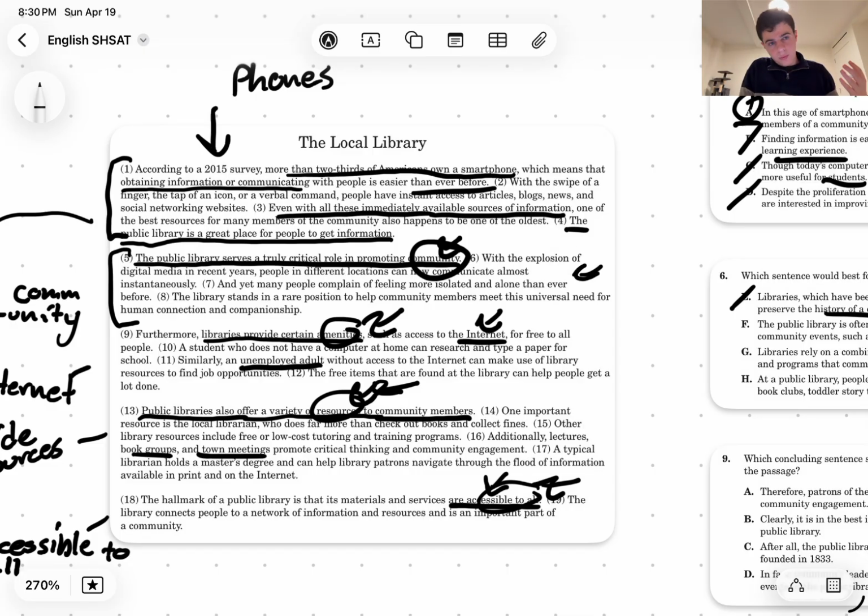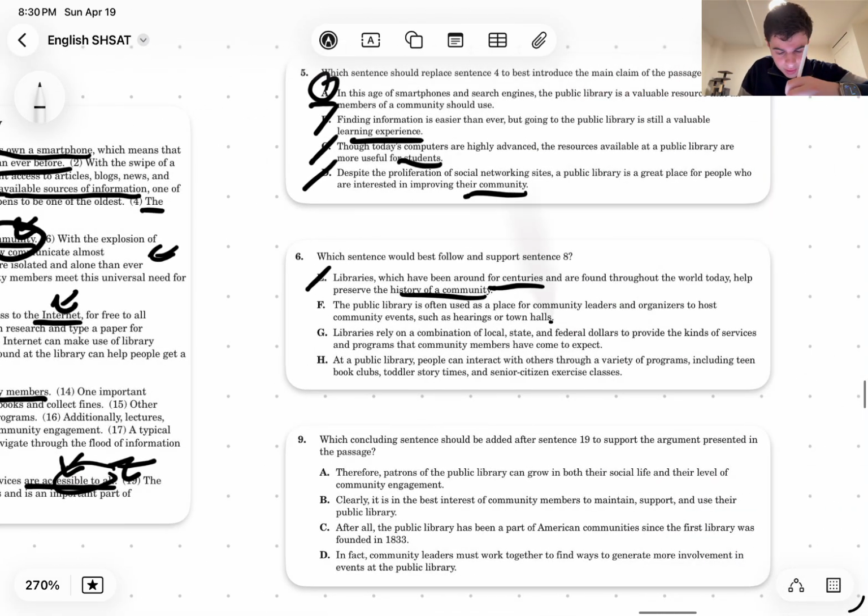It's just saying people feel more alone because of technology than before. And here it says, the library stands in a rare position to help community members, right? So it's very broad. It's not talking about specifically hearings or town halls or community events, right? That's very specific, but it's not only for that. It's supposed to just act as an area.